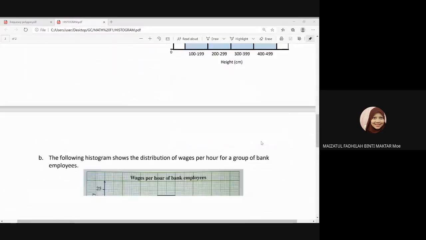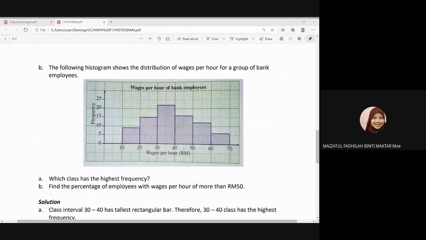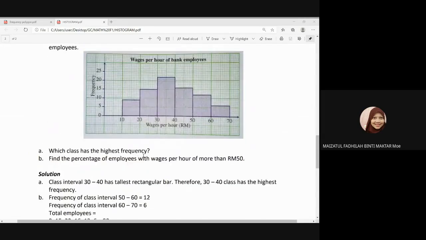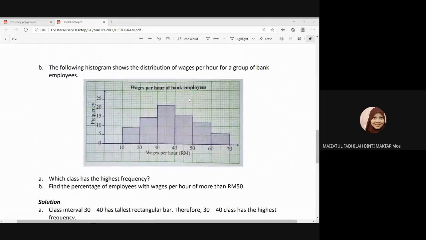You've done it. Then the question asks something different: which class has the highest frequency? For this graph, the graph shows the histogram for hours worked per week of bank employees.